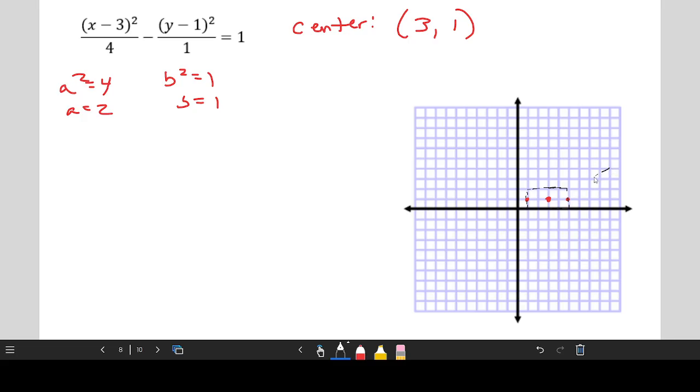And so here's one of our asymptotes. And here's the other asymptote. So we can draw in the branches. We had our vertices plotted already.